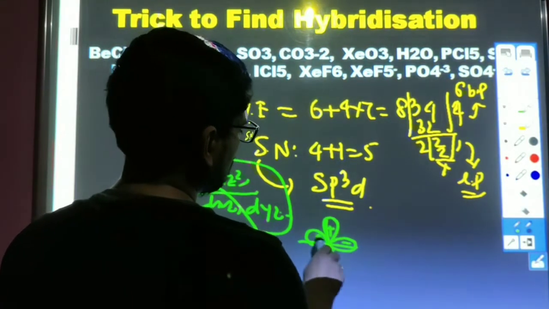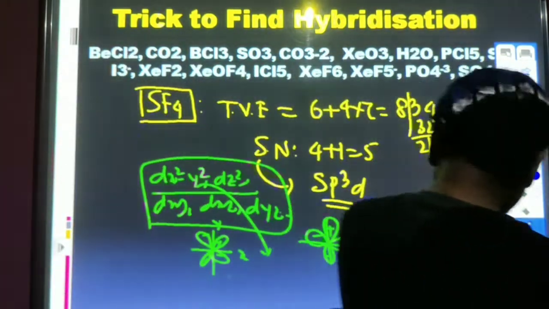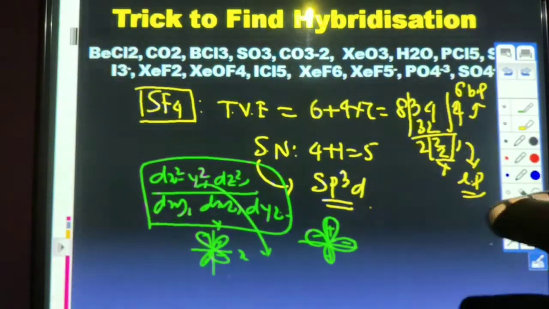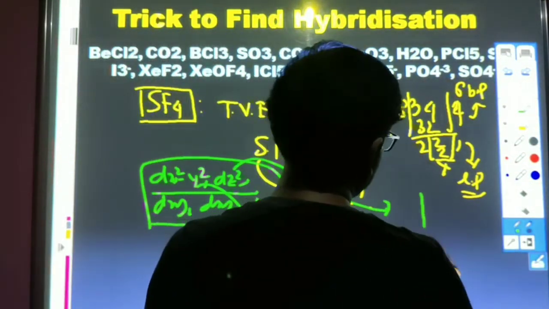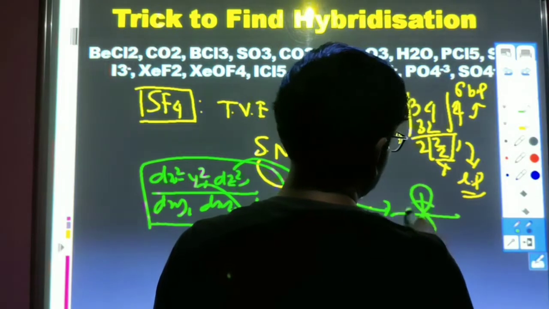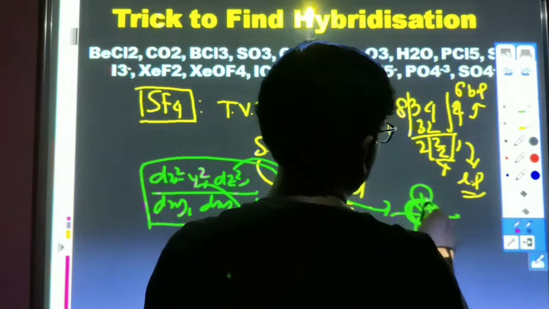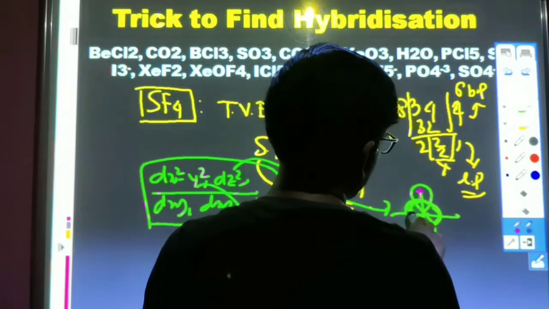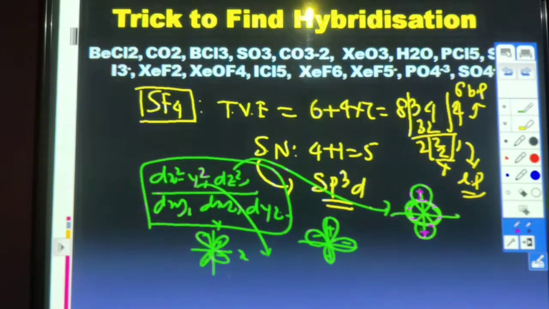Okay, we must put the wave phase, the sign of the wave phase. And dz square, this is the dz square. Minus. This is the set for dz square.